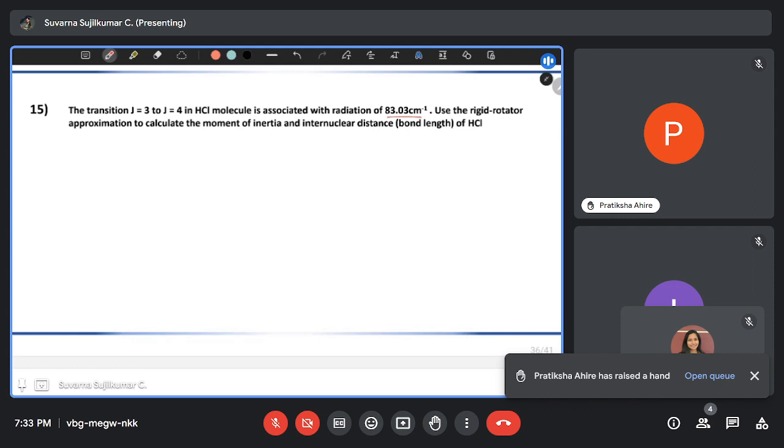So the transition is J equal to 3 to J equal to 4. The transition in the HCl molecule is associated with radiation of, this is a hint.